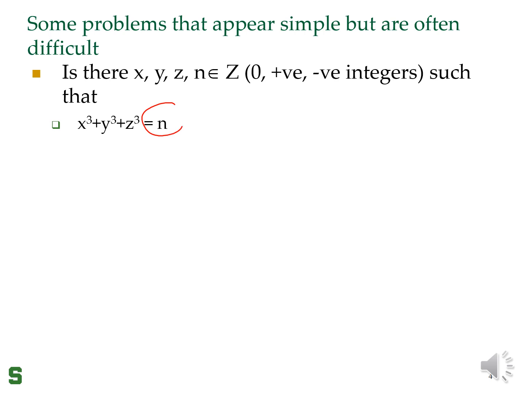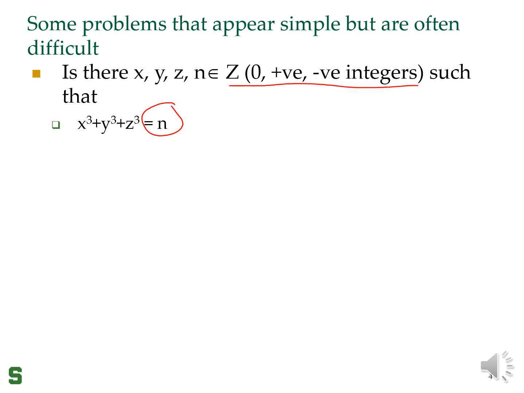So we are going to specify the value of n, and then we are going to ask you the question, is there x, y and z such that x cube plus y cube plus z cube is 20, 25, 30, etc. Note that x, y and z could have to be integers.